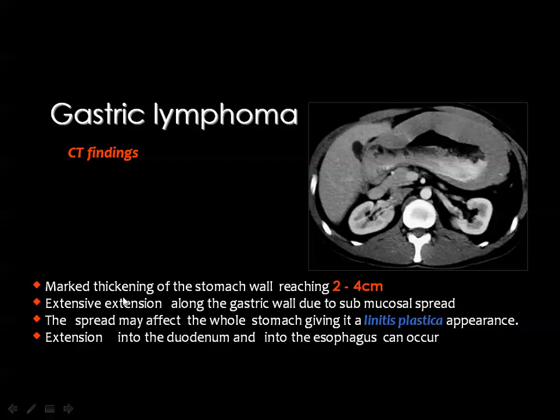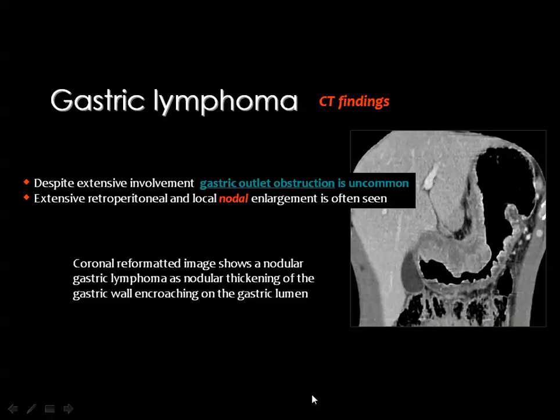Then thickening of the stomach wall may reach about 4 centimeters, and extensive hypertrophy of the mucosa is one of the appearances. And also we remember that linitis plastica is one of the radiological findings in cases of lymphoma. And you can use the reformatted images to appreciate the extent of the disease along the gastric wall.